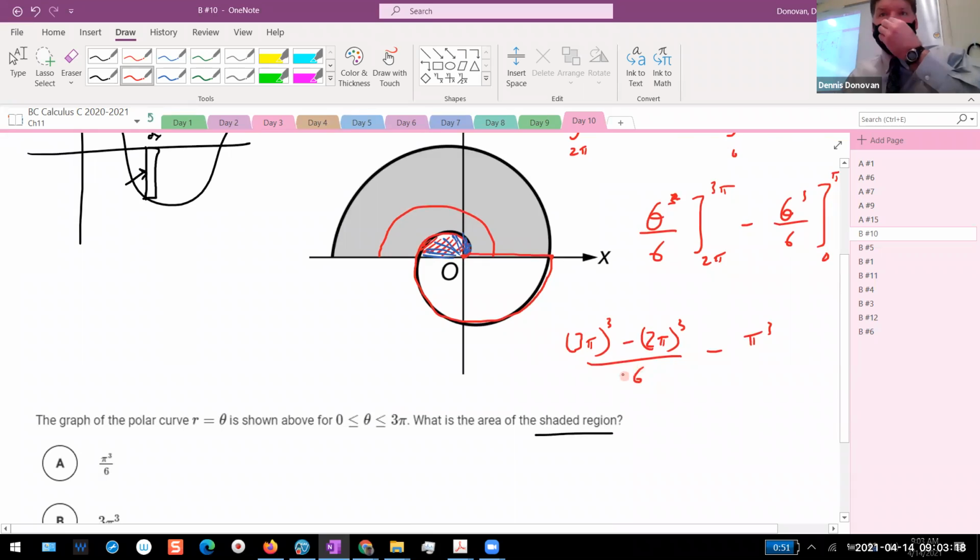All right, what do we got? How many pi cubes have we got? We've got 3. I'm sorry, we got 9. We got minus 4. So minus 5, so that's 4. That last pi cube is also okay. We have 4 pi cubes in the numerator. Are we okay with that? 9 minus 4 minus 1. So we get 4 pi cubes over 6.